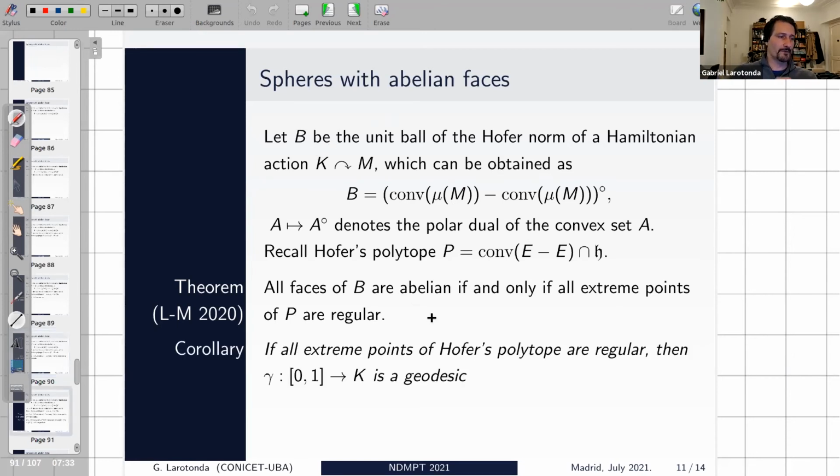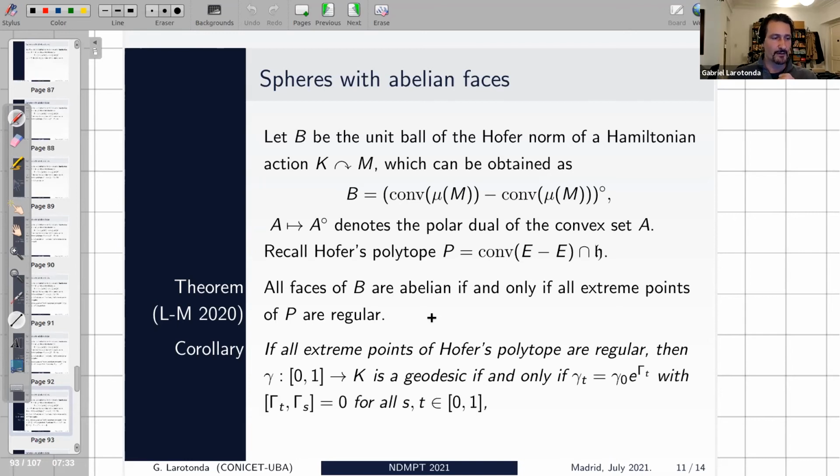And so if you start with the Hofer polytope, all of whose extreme points are regular, then you can conclude that the path gamma in K is a geodesic if and only if it is the exponential of some path in the Lie algebra with the property that the path lives in the commutative subalgebra, and moreover, the length of gamma is also optimal in the normed space.